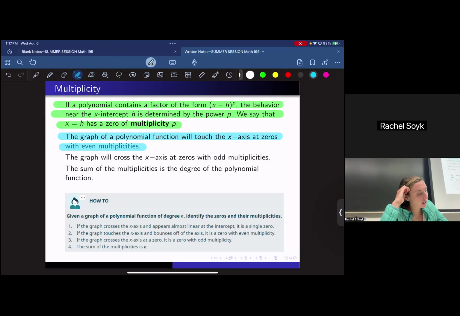And then this second part is stating that the function will touch the x-axis at the zeros with even multiplicities. So if you have a multiplicity of 2, you'll really emphasize that bounce off the x-axis. But if you have a multiplicity of 4, it will also hit the x-axis. It won't be quite like a basketball bounce. It'll be a little bit longer in terms of a horizontal line. And I'll show you maybe.